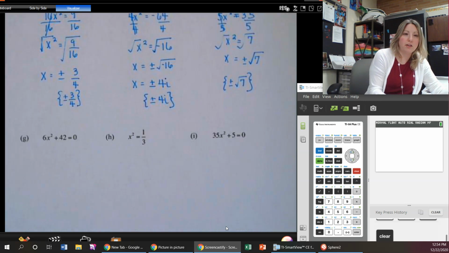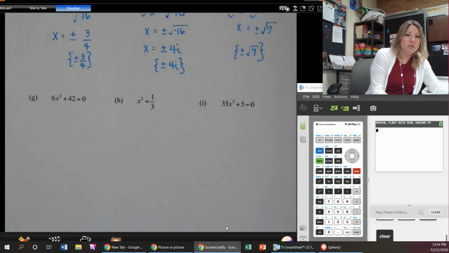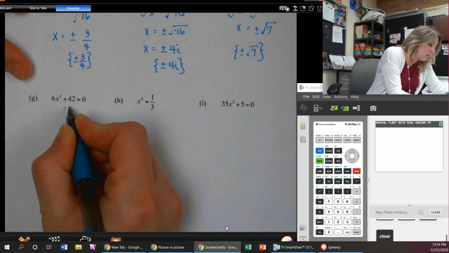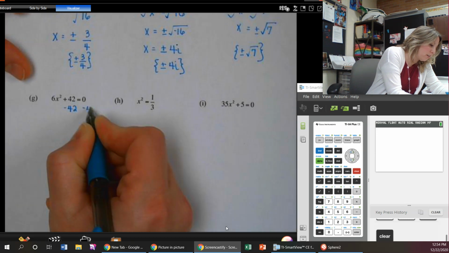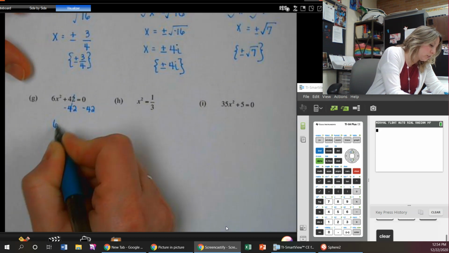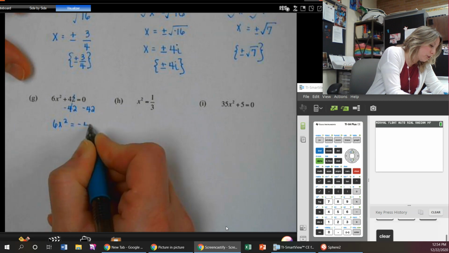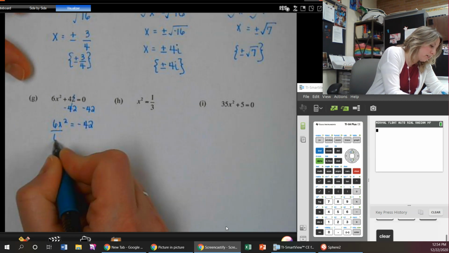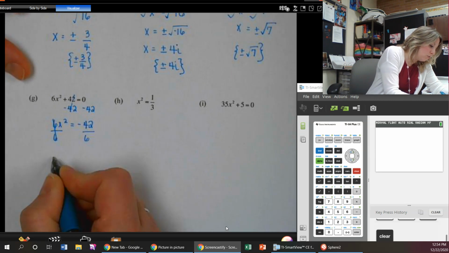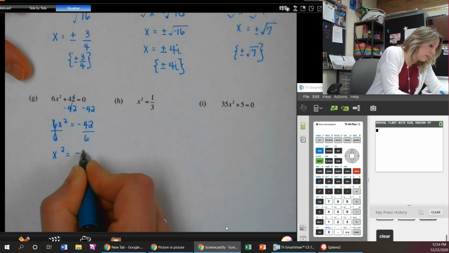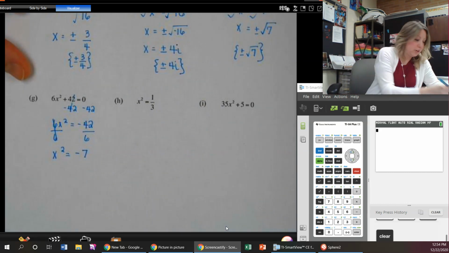Oh, that's right. This is my last page. Still going. Always get x squared alone. So notice that's the first thing I'm doing every time. Oh, this one's going to be an imaginary. Ooh, it's negative 7 over here. So I take the square root of both sides.